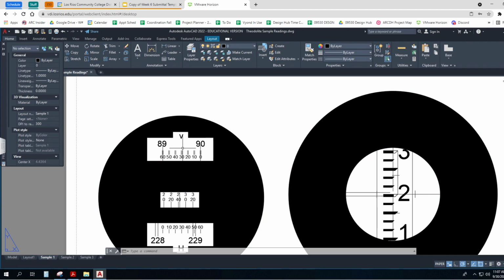Remember that the sight has to be perfectly level to the world to get this reading right. So this is my vertical angle, and it's at 90 degrees, which means that straight down is 0, straight out would be 90 degrees.